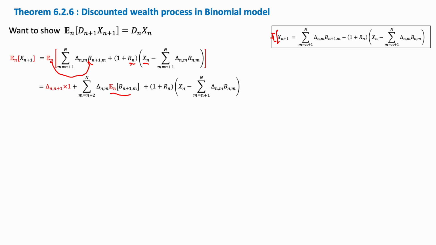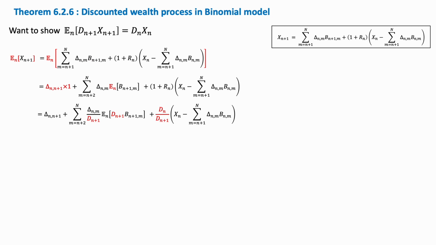Xn, the value of the wealth at time n, is also known, because we tossed the coin already n times. And at time n, we know exactly what the value of the zero coupon bond that's going to mature at the future time m is as well. So that's all we have here.